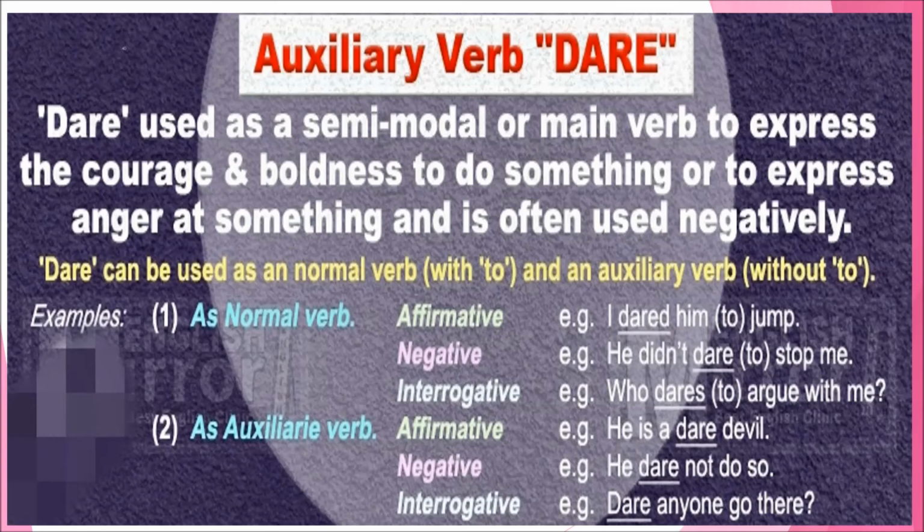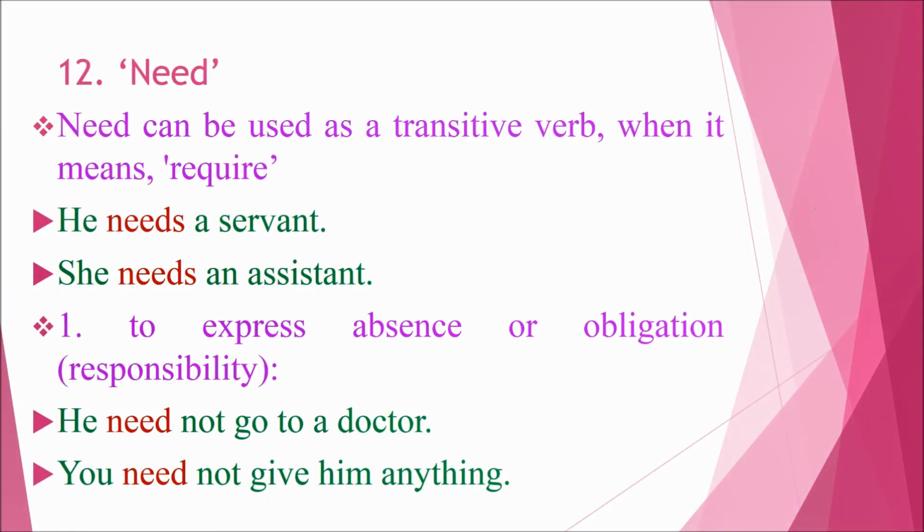Next, we are going to learn about need. Need can be used as a transitive verb when it means require. Example sentences are: he needs a servant, she needs an assistant. Then, need is used to express absence or obligation.